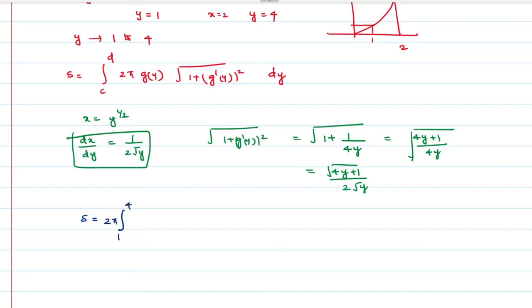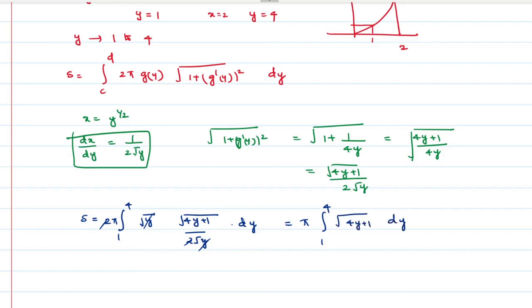What is g of y? g of y is root y, or y raised to 1 by 2, into root of 4y plus 1 divided by 2 root y, dy. Is it right? The 2s will cancel each other, root y will cancel each other. Then the answer is pi, integral from 1 to 4, root of 4y plus 1 dy.